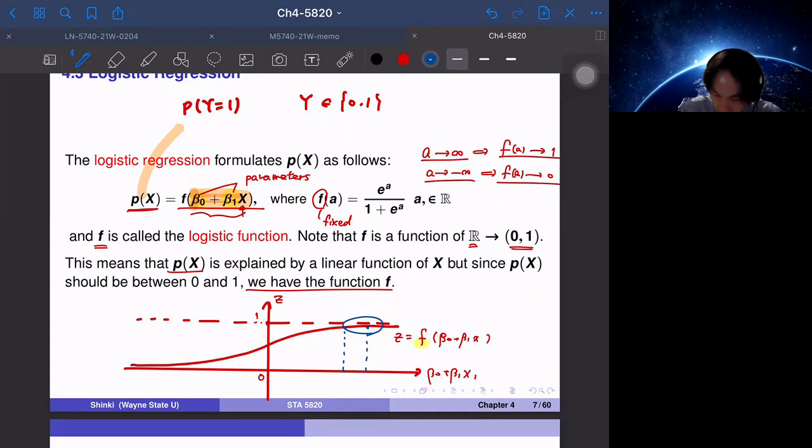But if the original value of beta naught plus beta 1 x is here, then it gets larger by 1, and maybe the change is much larger. Maybe probability goes from 0.5 to 0.8, for example. So it's not really easy to interpret beta 1. Sometimes when x gets larger by 1, probability gets much larger, and sometimes only slightly larger.